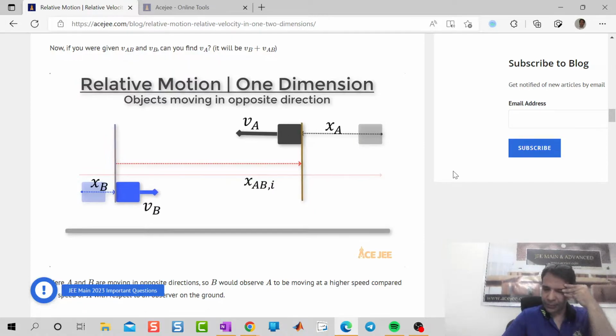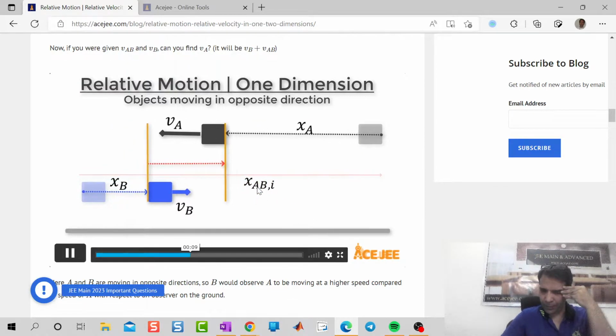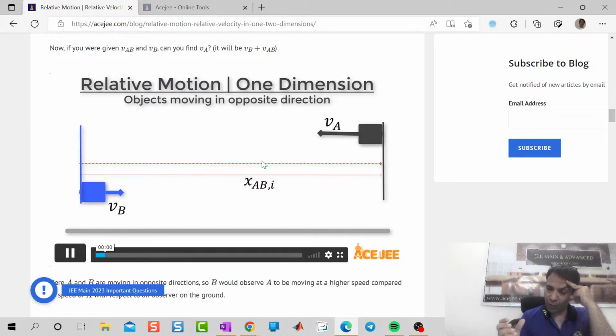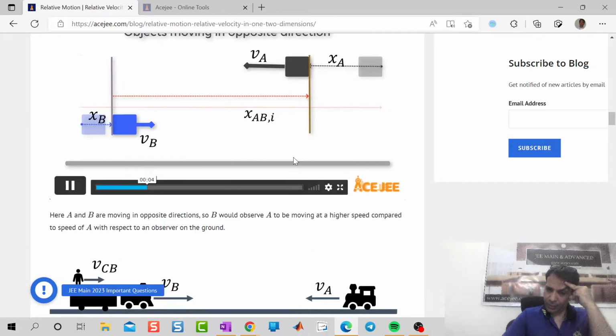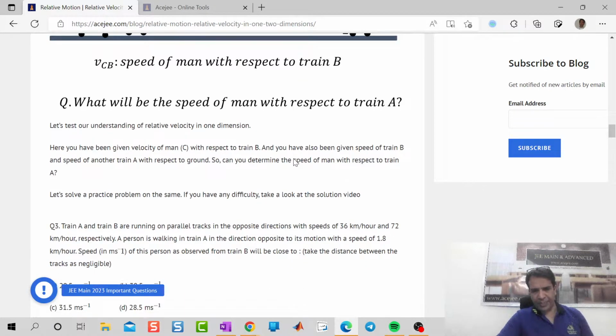It's showing the position of A with respect to B. This was the initial, this is the final. The difference of these two will be the displacement with respect to B. In any case, I think it's clear enough. So let's do some sample problems and then we'll look at some fun problems.